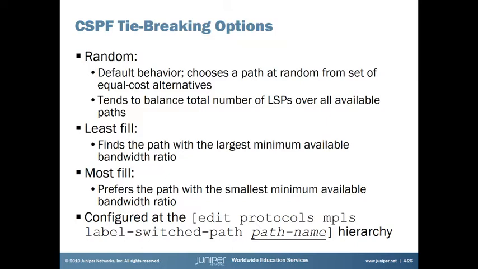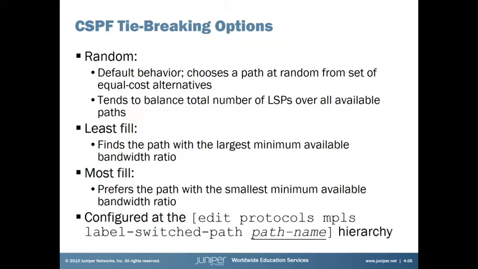Here are the possible ways of resolving that dilemma. There is random. In other words, just toss a coin, pick one, it doesn't matter. That's the default. It'll randomly choose one path, and it tends to balance the total number of LSPs over all the available paths.